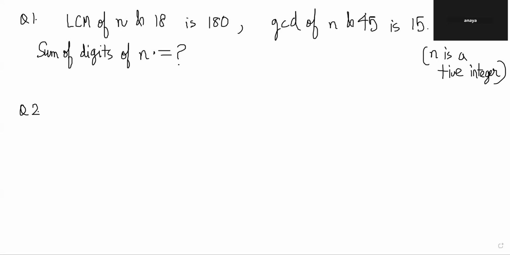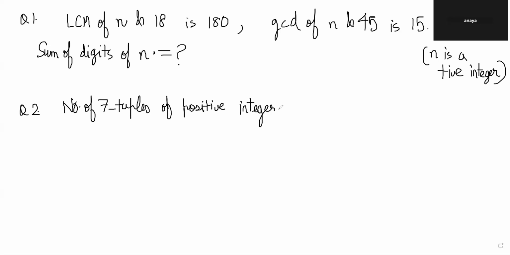I don't know if we have done this question. Maybe we have done this question before. Number of 7 tuples of positive integers which satisfy these equations. Just look at the question if you have done this before. I don't recognize 7 tuples anywhere.